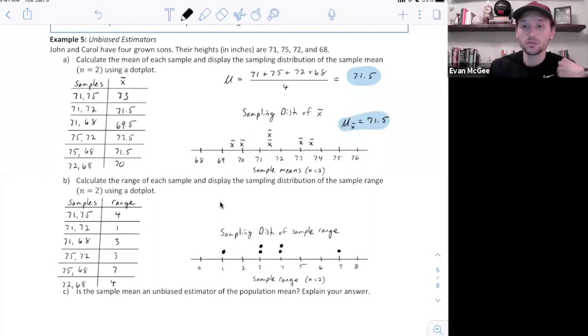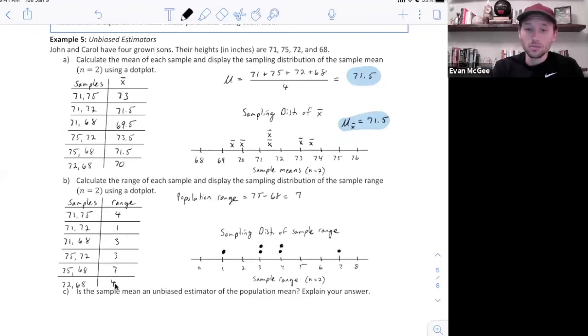So the population range, if we look at the population, goes from 68 to 75. So that is a difference of 7. The population range is going to be 75 minus 68. So this is the parameter of interest, 7, and it's going to be an unbiased estimator if the mean of this distribution is equal to the population range.